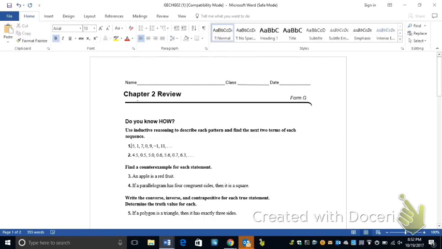Okay, so now that you've tried it by yourself, hopefully, hit pause, try it, come back. So when we're dealing with this, we really have two. So this is a conditional. If a polygon is a triangle, then it has exactly 3 sides. So every conditional has 2 parts. It has the if part and the then part.